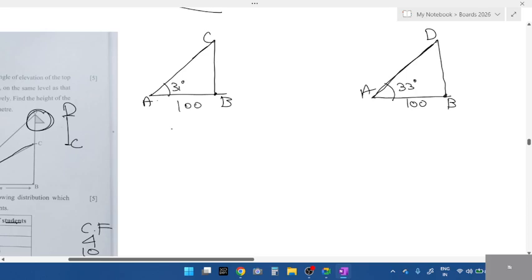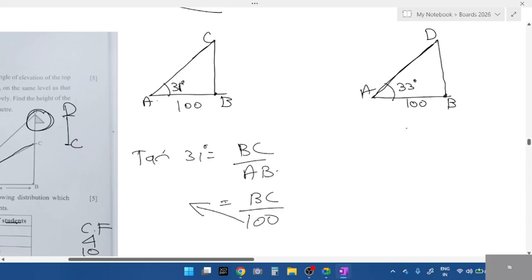This is the angle of elevation concept. Take tan 31, students.